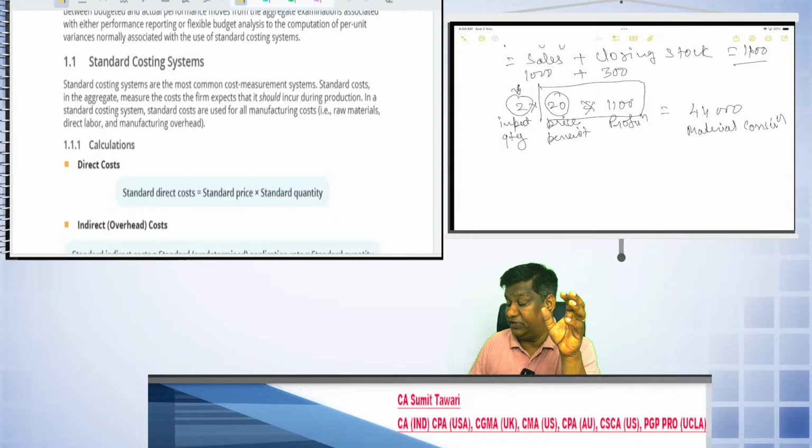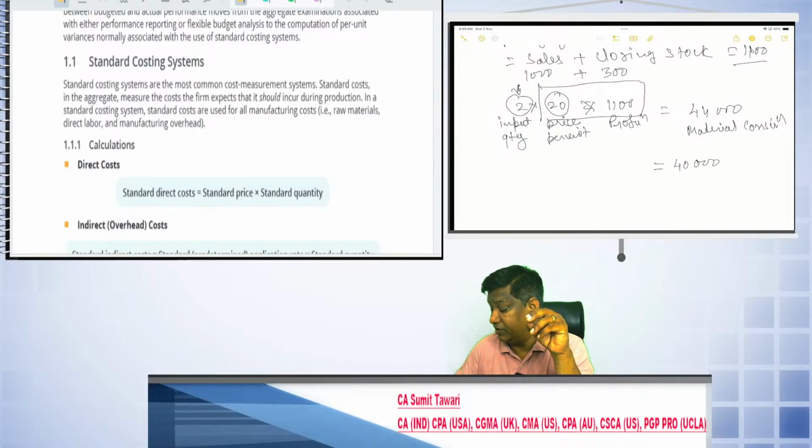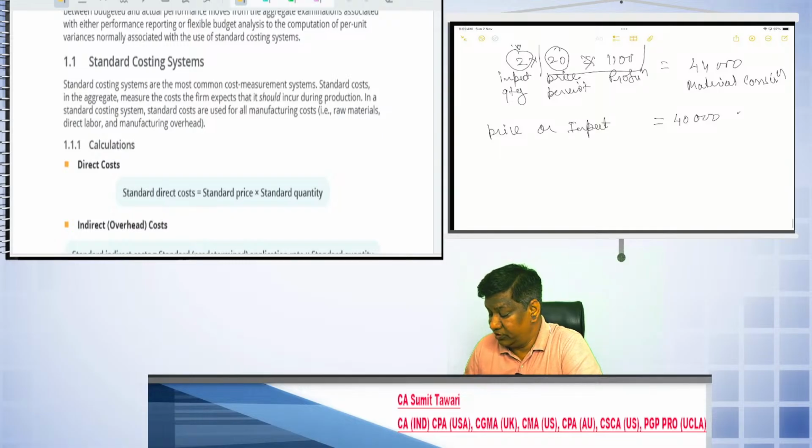But if I see my actual consumption, it could be 40,000. That means I projected 44,000, but it is 40,000. This could be because of any reason, the price or the input requirement. Instead of 2 input quantity, it may be 1.9, and instead of a price of 20, it may be 19.